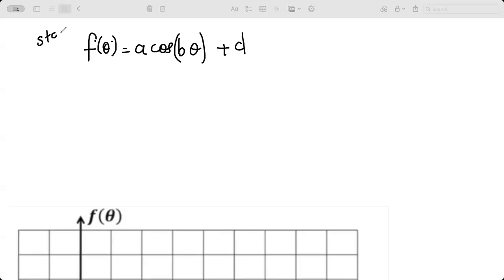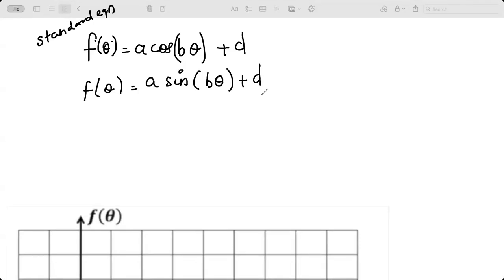This is the standard equation for the cos function. This is the standard equation for the sine function. Here, D becomes your midline. A becomes your amplitude.